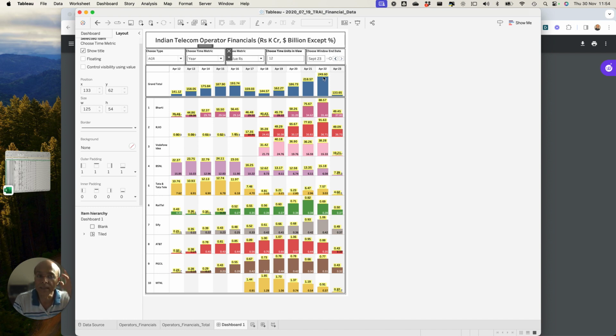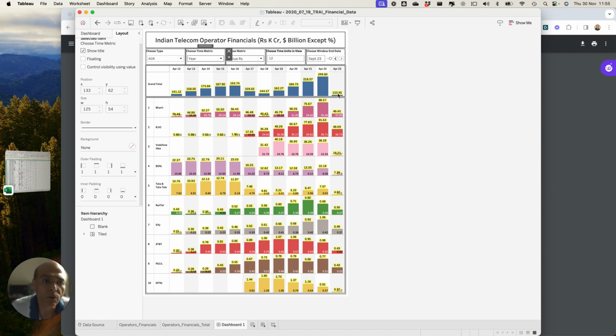For the last financial year, FY23, the number was 2,50,000 crores. That is the total revenue that the telecom sector of India is generating.